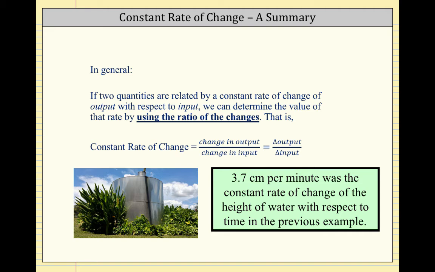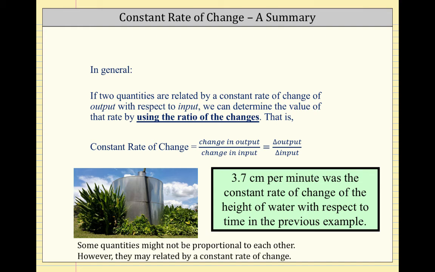So 3.7 centimeters per minute was the constant rate of change of the height of water with respect to time in the previous example. Now, some quantities might not be proportional to each other. However, they may be related by a constant rate of change. In this example, the quantities were not proportional, but they were related by a constant rate of change.